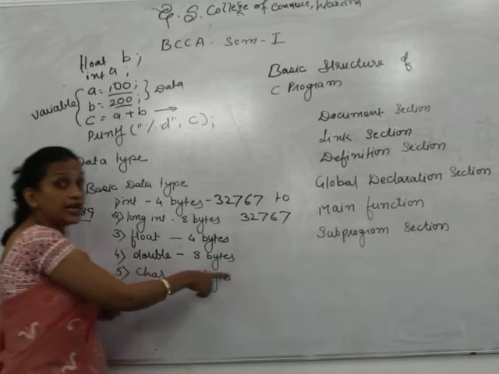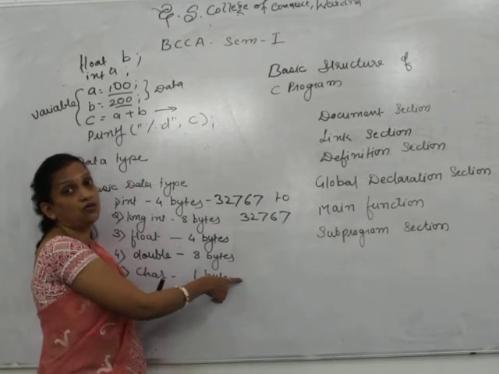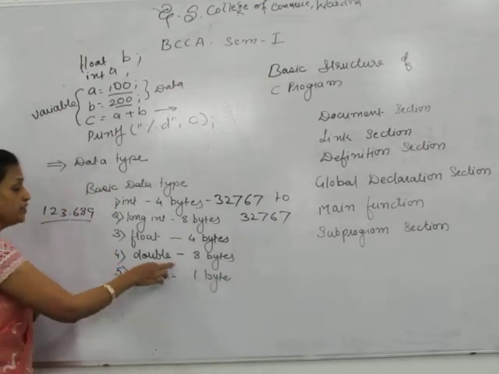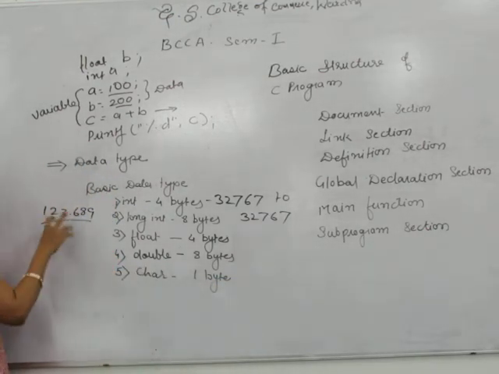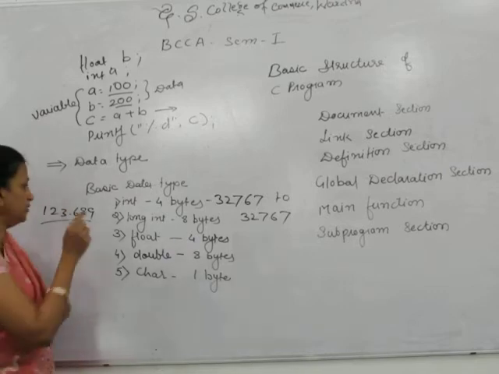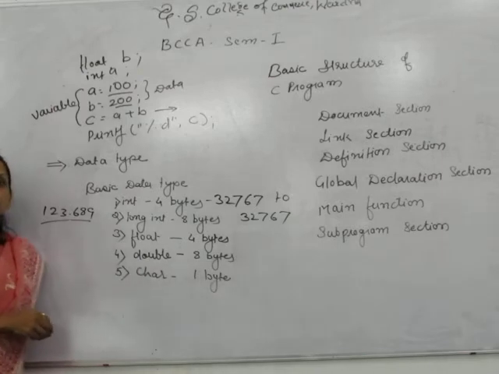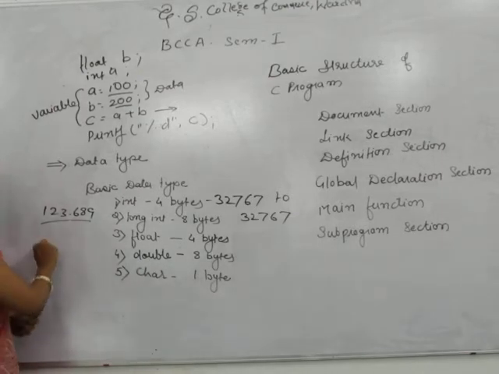It occupies 8 bytes in memory. How much space is required by double? 8 bytes. It will take up to 14 digits after the decimal point. So the double data type is also used to store a decimal point value.